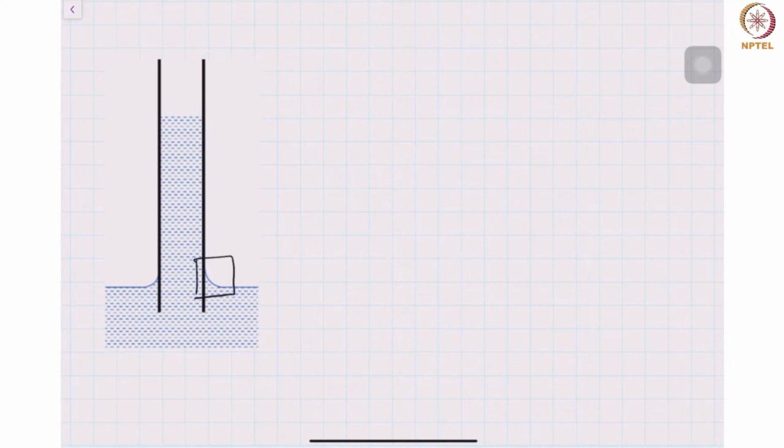If I were to examine this region more closely, this is the surface of either the tube or the plate, shown in black. And what you see in blue is the interface. You could even have any angle depending on the nature of the surface. So this angle is the contact angle.